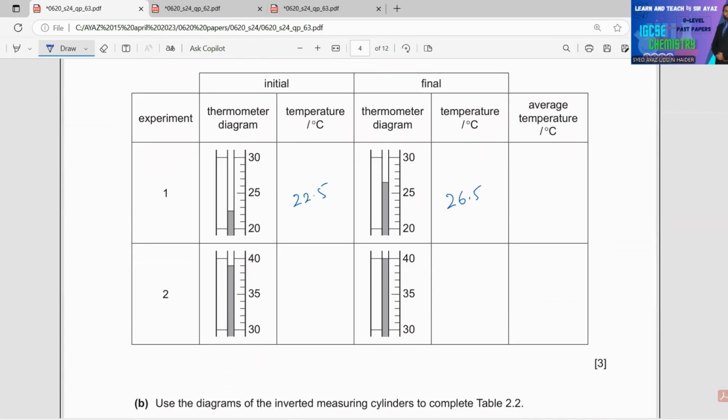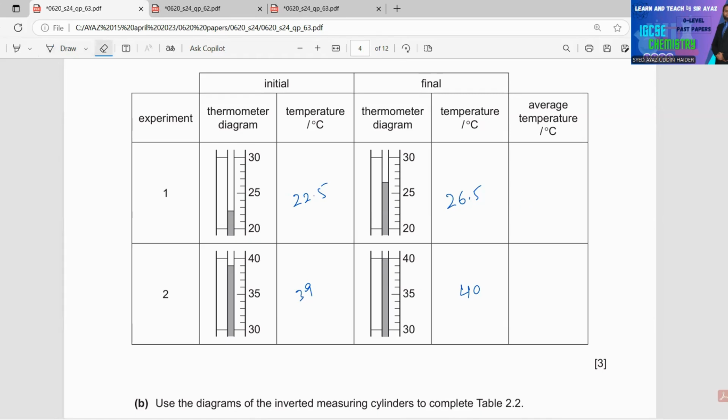So the difference in temperature must be 26.5 minus 22.5. It must be 24.5. For experiment 2, temperature is 39. Initial temperature is 39. The final temperature is 40. If you subtract 39 from 40, sorry, I made a mistake here.